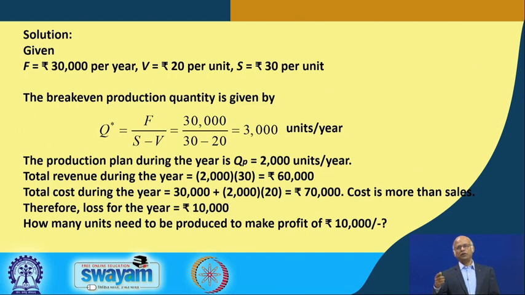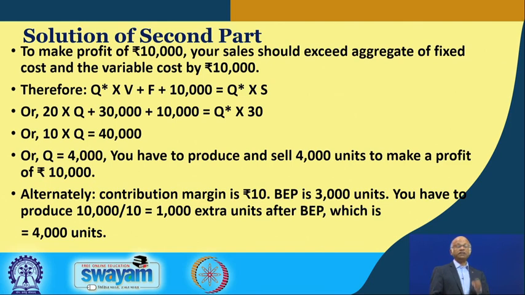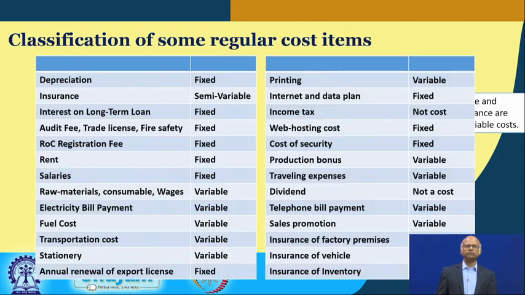To make 10,000 rupees of profit, you need to produce 1000 units, 1000 multiplied by 10, because you are making a profit of 10 rupees per unit. So, either way you can estimate that. If you have to sell 1000 more beyond break-even, total sales should be 3000, the break-even sales, plus 1000.